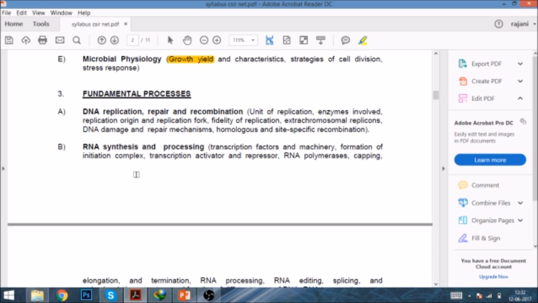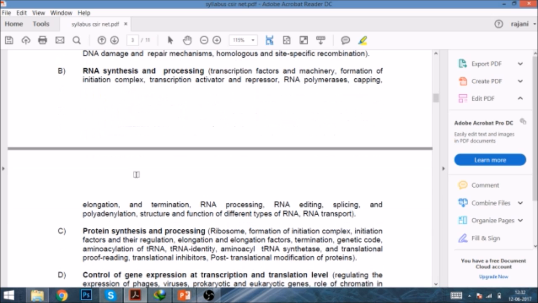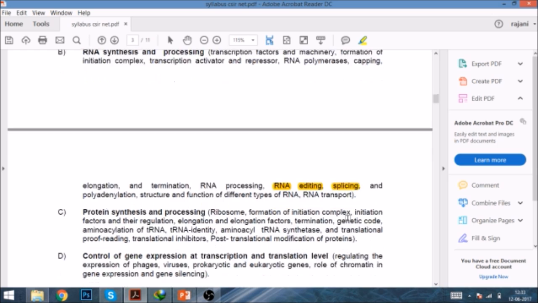This is asked in the section B questions, but some twisted forms of questions are generally asked from fundamental processes in section C. If you talk about RNA editing, then you must know about guide RNA, siRNA, and miRNA, and how they are involved in RNA editing and trans-splicing. Along with simple splicing of introns, you should also revise the trans-splicing process once: how it occurs, what the phenomenon is, and what is actually involved in that process. You better go through it.